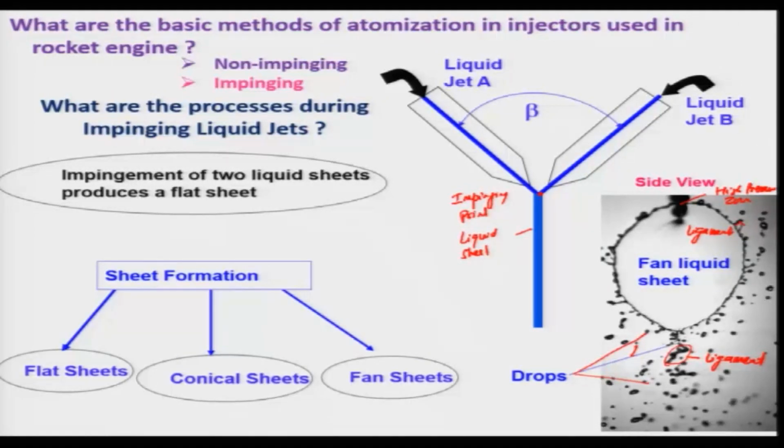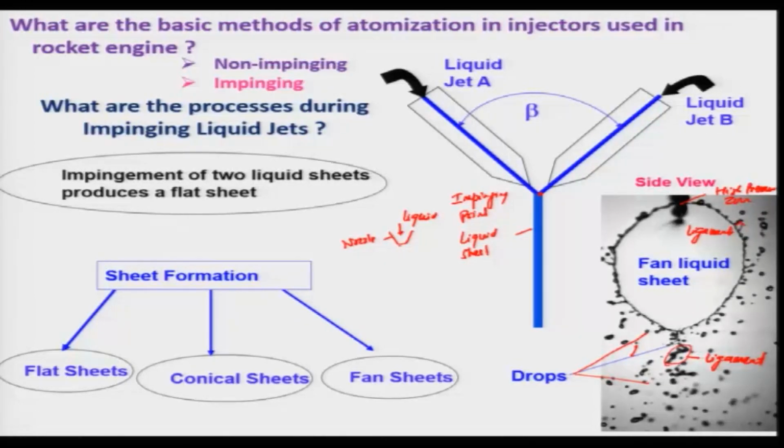And the sheet formations can take place in various ways. In the case of an impinging atomizer, the fan sheet is used, whereas in the case of a non-impinging atomizer, let us say the liquid is coming out and there is an orifice here, we can say the nozzle or orifice.